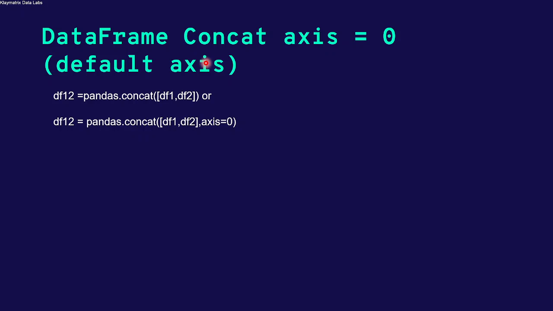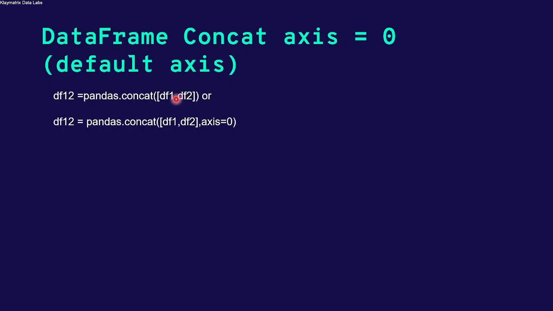Before we go about discussing concatenation, let's quickly recollect what axis is meant for a data frame. So axis is 0 and axis is 1 along the rows and columns, if you remember from the previous video. Over here I'm creating a data frame df12 and using the concat method of pandas for concatenation of the two data frames df1 and df2.